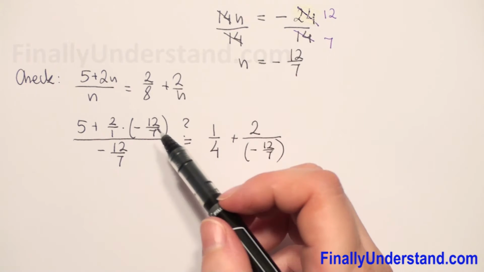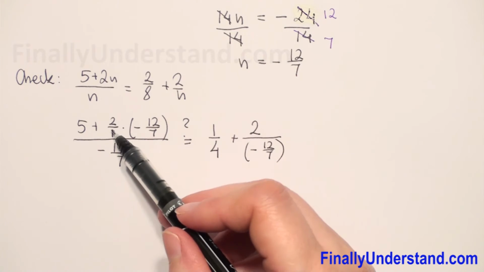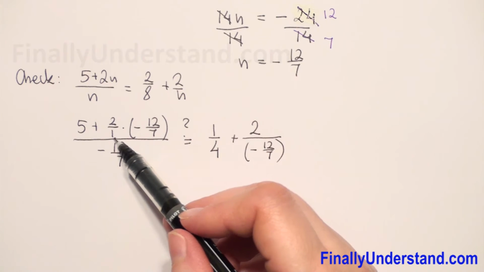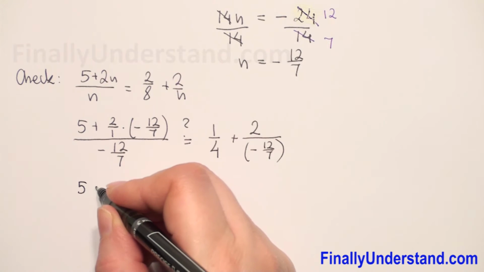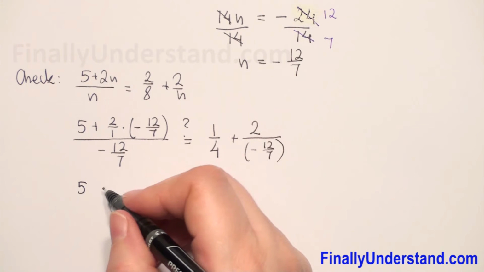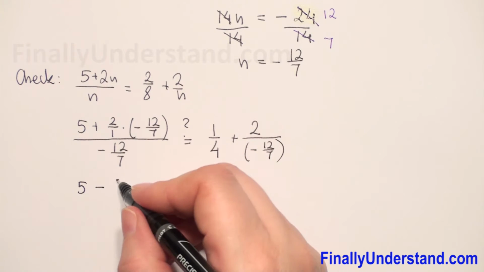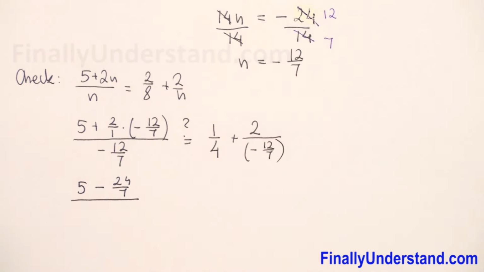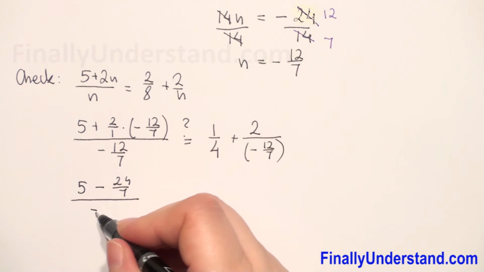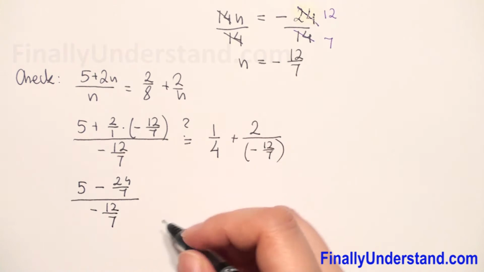Next, we cannot reduce anything here, so we multiply numerator times numerator, denominator times denominator. First is 5, next we have positive times negative, so it will be negative. 2 times 12 is 24 over 7, and we have negative 12 over 7.